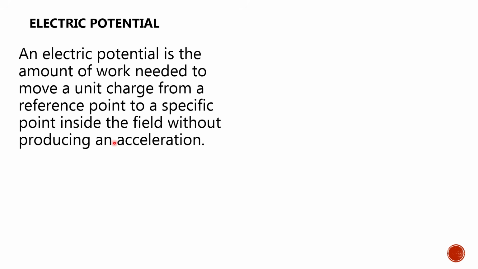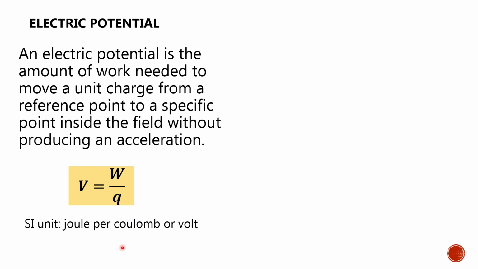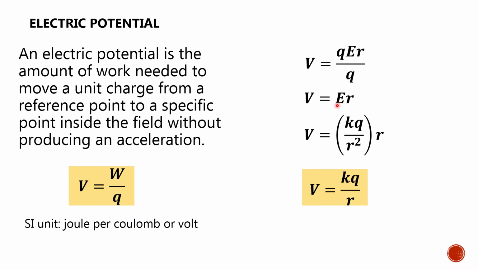Mathematically, it's the ratio of work to charge. This is electric potential, and its unit is joule per coulomb, or what we call volt. We can also express the potential as the product of electric field and displacement, or k times Q over the displacement.